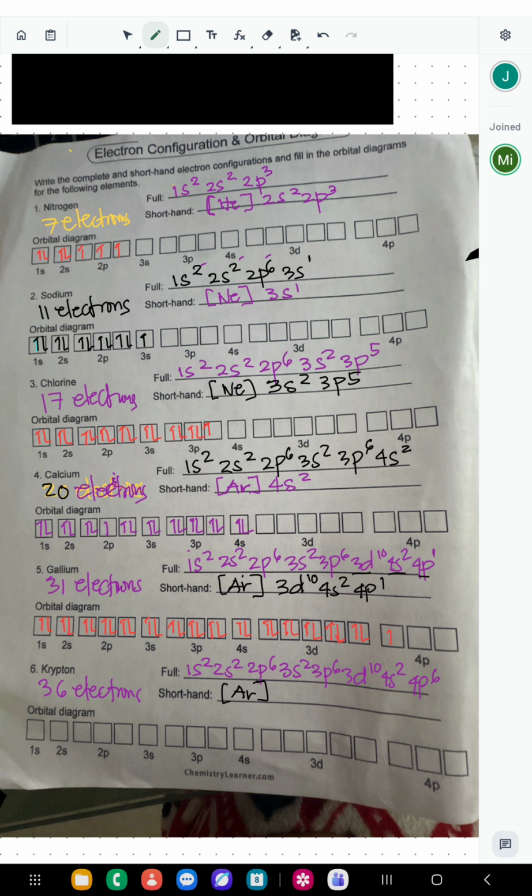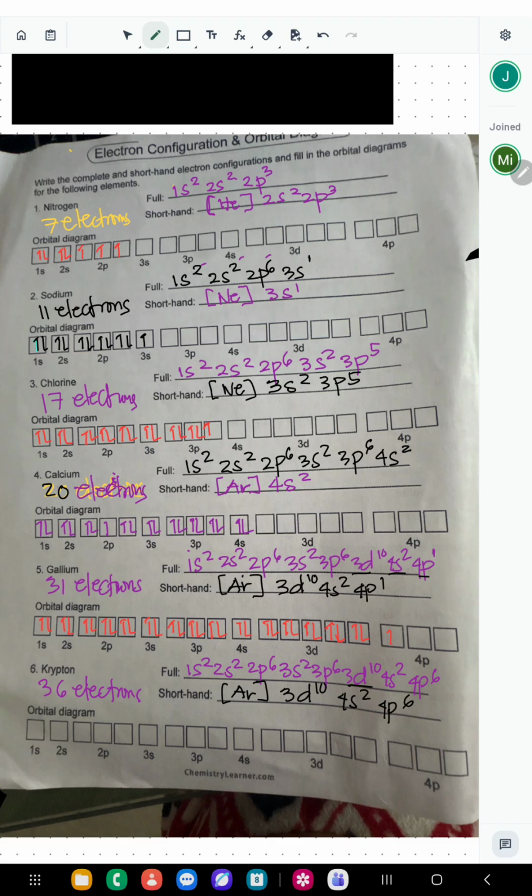Also 18, right? Because 18 plus 18 is 36. So we will cross out the 18 electrons, so we will only write the 18 electrons starting from 3d. So 3d10, 4s2, 4p6. So that is 16, 17, 18.